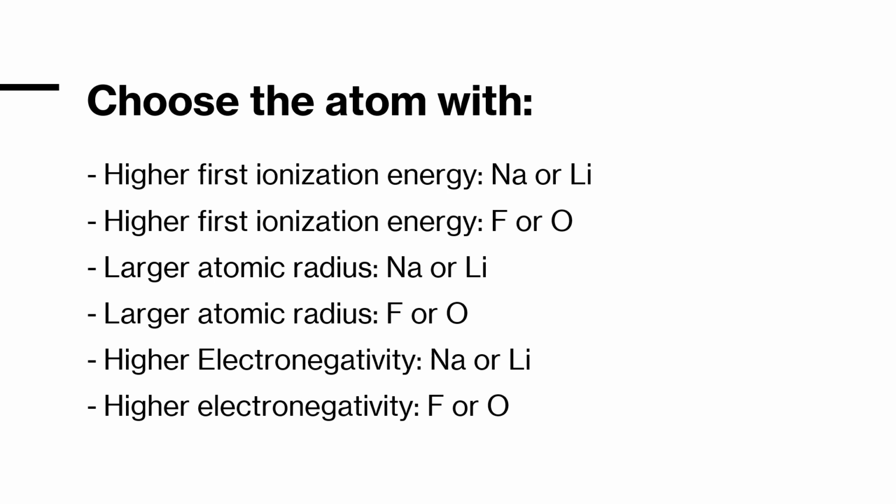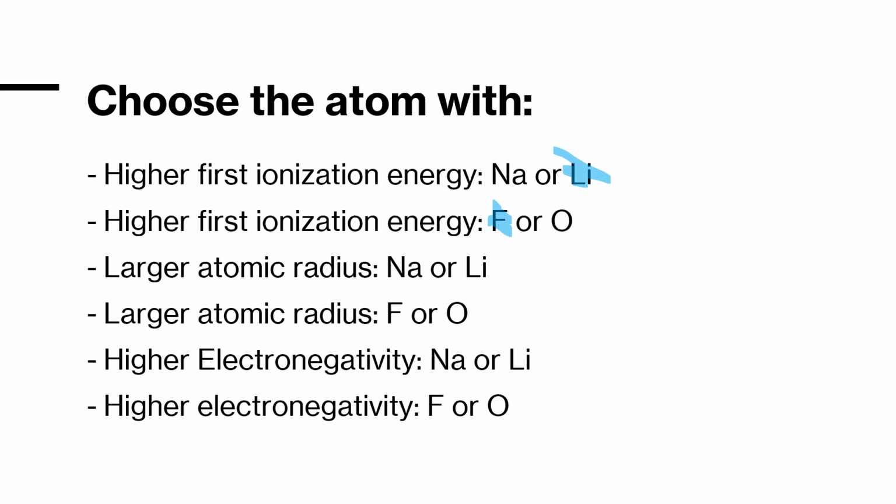The higher first ionization energy between sodium or lithium, meaning which one will take more energy to remove the first valence electron, it will be lithium because it has less orbitals. Higher first ionization energy, fluorine or oxygen, it would be fluorine because it has more protons and electrons. So therefore, there's a greater attraction of the protons to the valence electrons.